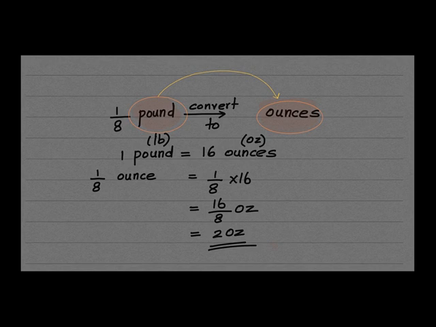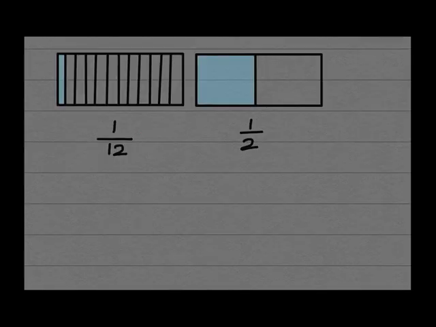So write 1/8 times 16. Multiply the numerator, 16 over 8. How many 8 goes in 16? 2 8 goes in 16. The answer is 2 ounces.